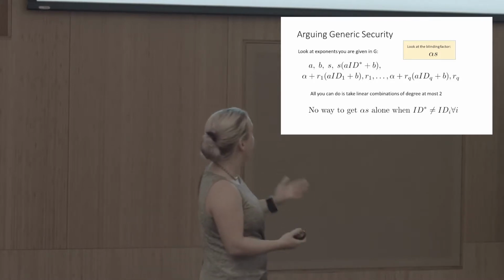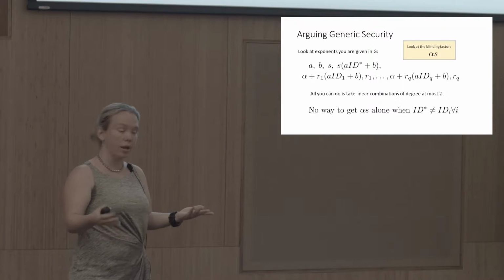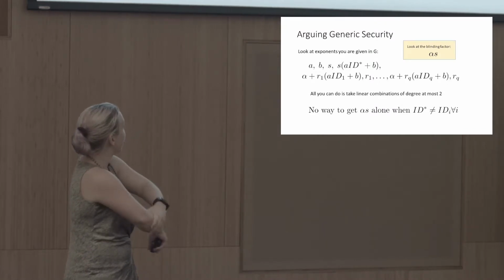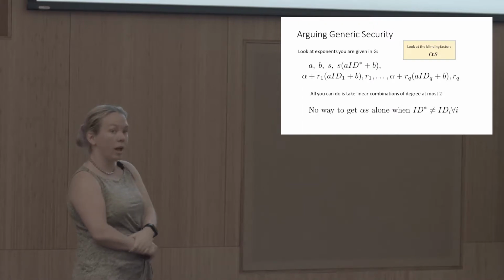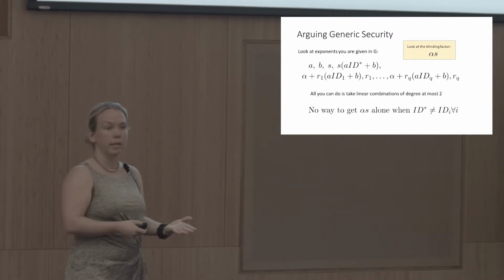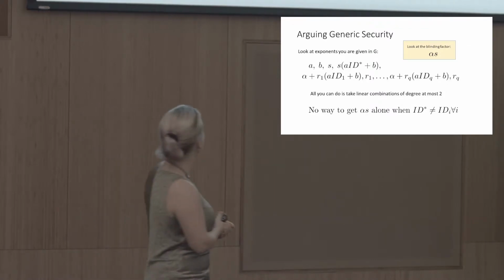So whenever we're doing generic group arguments, we can pull everything out of the exponent and just look at it this way and say these are essentially the things that you're given, and the rules are you can do one-time multiplications and you can do linear combinations, but that's it. So you can't create any cubic terms, for instance.